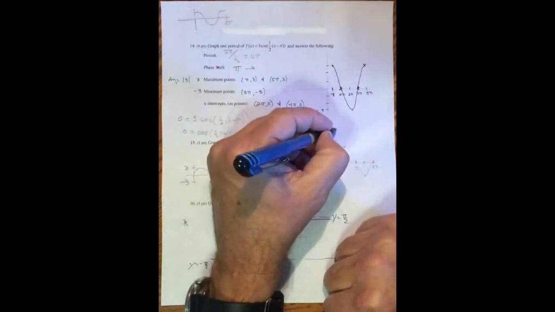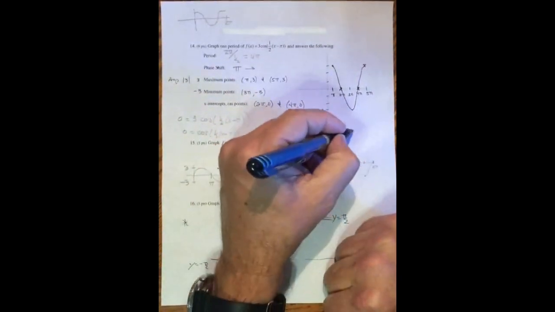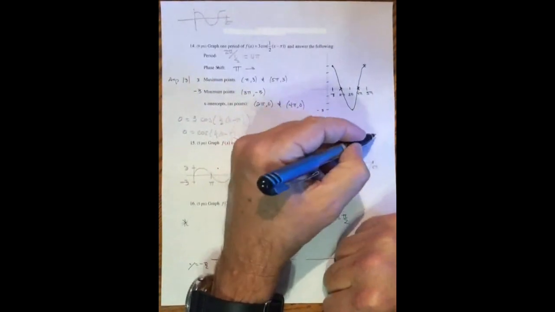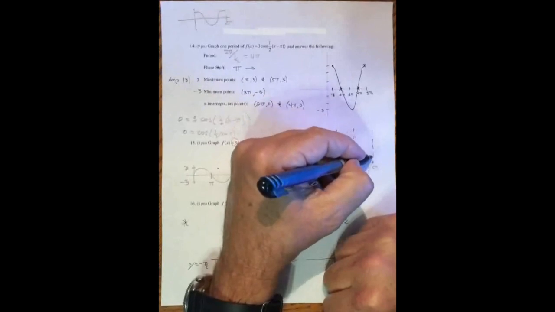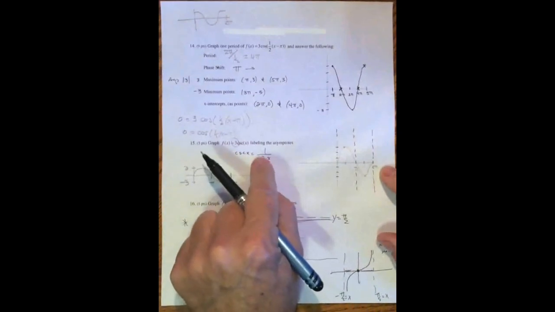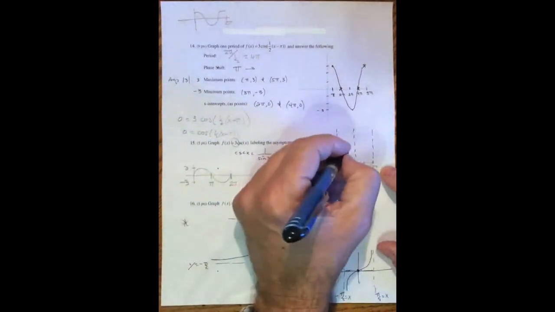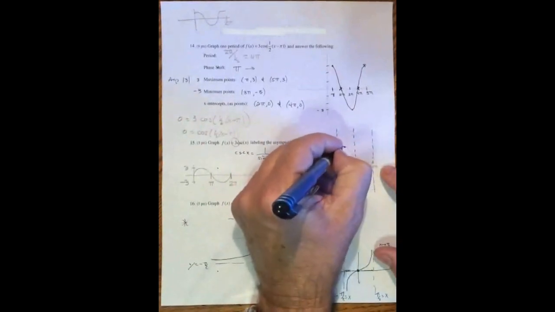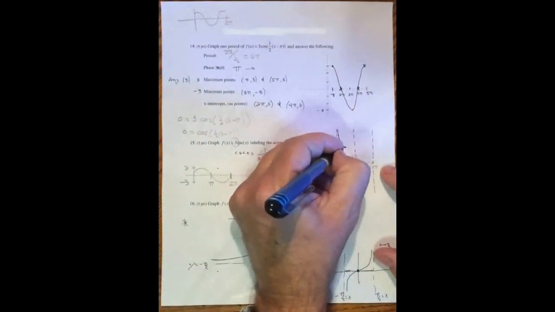So what I'm going to do is put in the boundaries. So everyone see what I'm doing. At pi and 2 pi, the sine is 0, so it's undefined. So these are vertical asymptotes. So the graph of 3 cosecant is going to be like this.